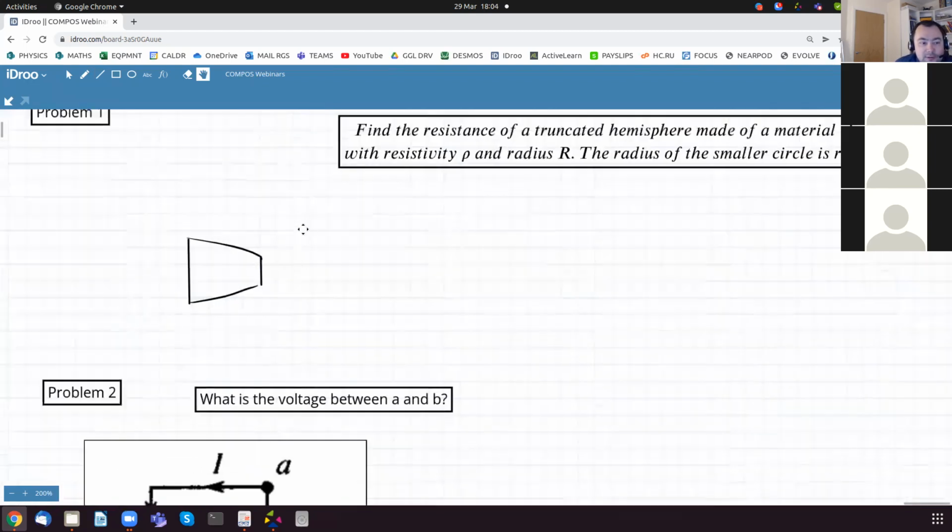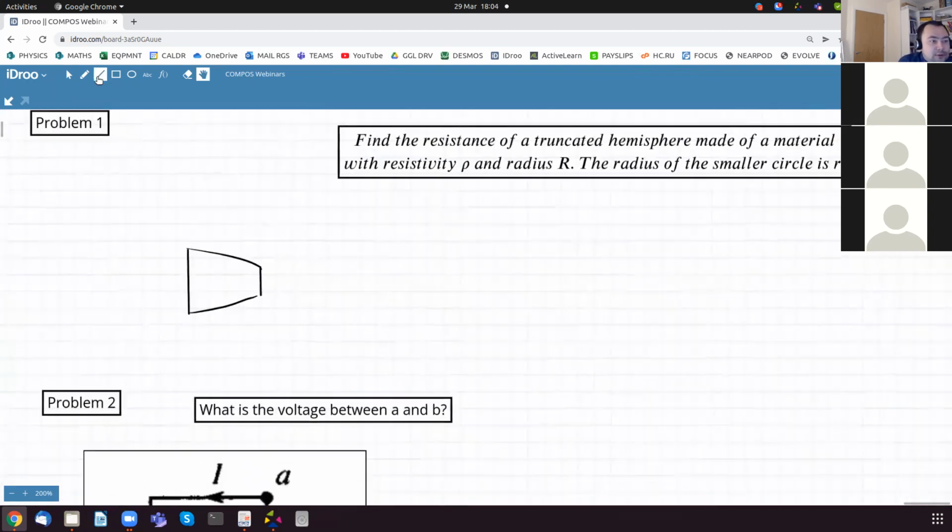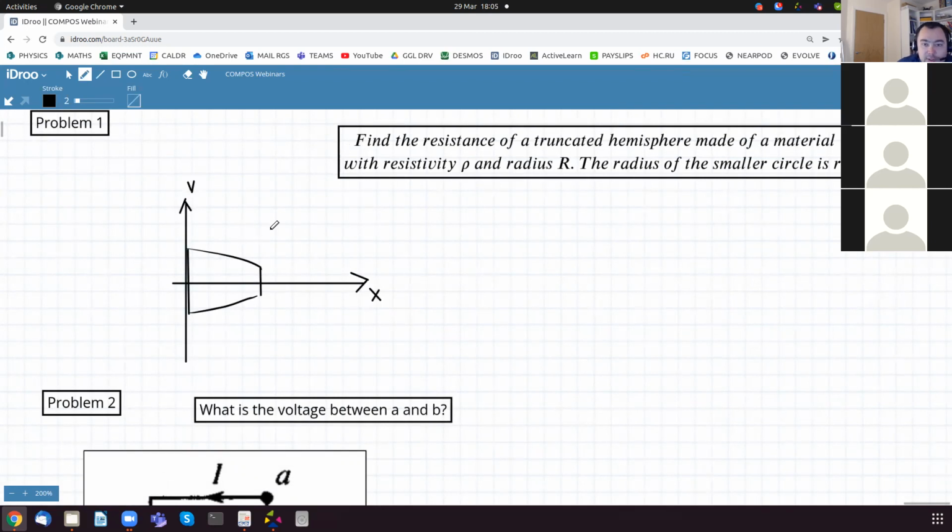And first of all, I'll introduce some coordinates. So this will be the x-axis. This will be the y-axis. And because it's a circle of radius r, we can deduce that x squared plus y squared is equal to r squared. Therefore, y is equal to the square root of r squared minus x squared.